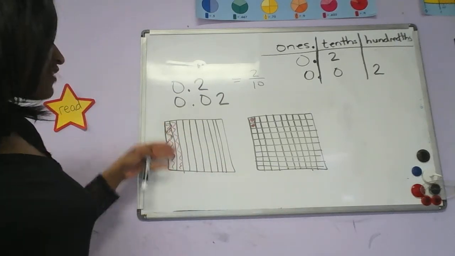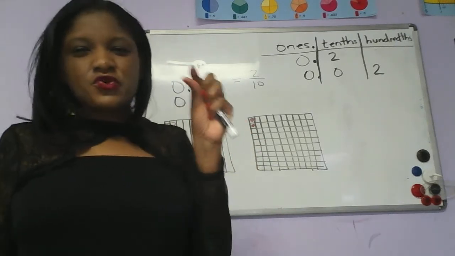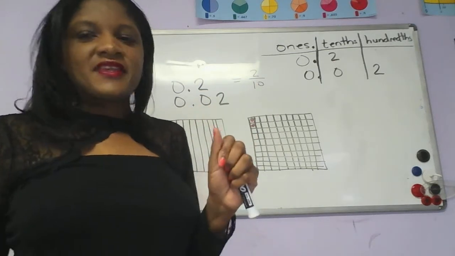For 2/10, we have two long ones shaded. For 2/100, we have two tiny little squares shaded. So not the same thing at all.